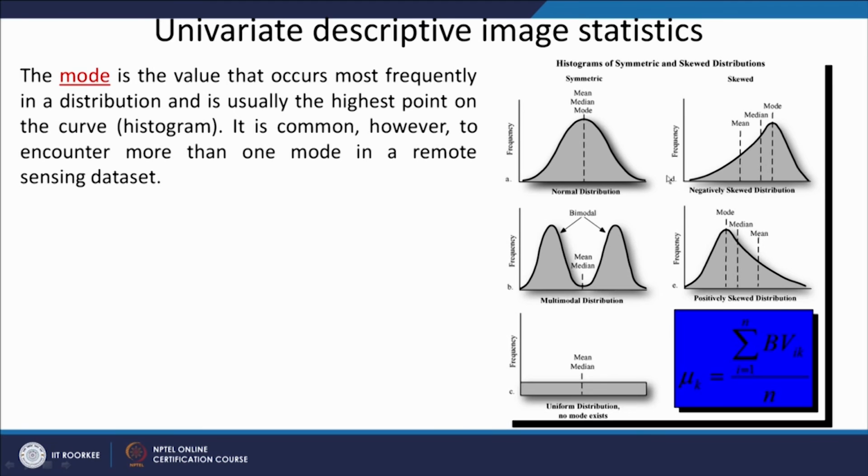And if you have a skewed distribution like in this example, then the mean is lower, the median is in between, and the mode will have a higher value. This is an example of a negatively skewed distribution, and the lower one is the positively skewed distribution, where the mode has the lower value, and the median and mean have higher values on the x-axis.